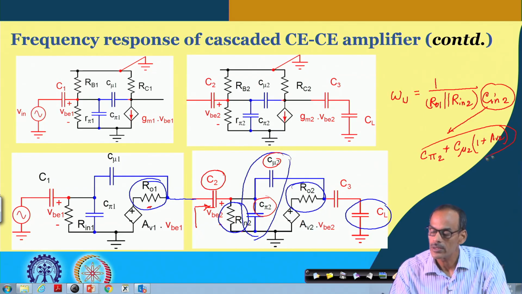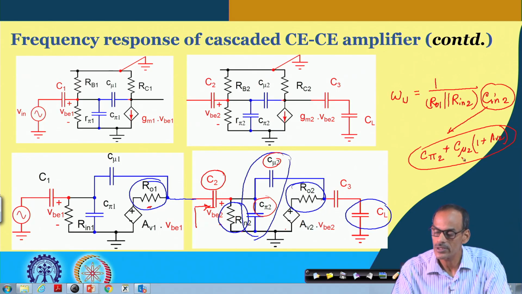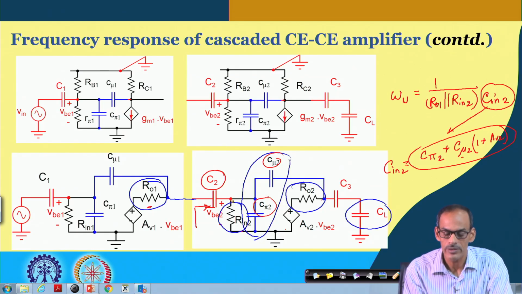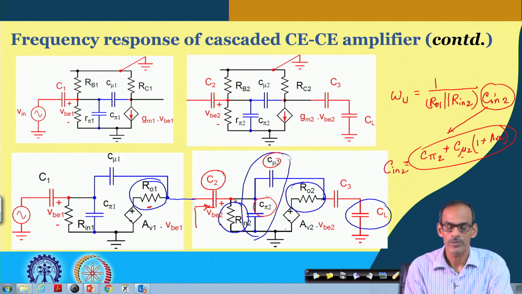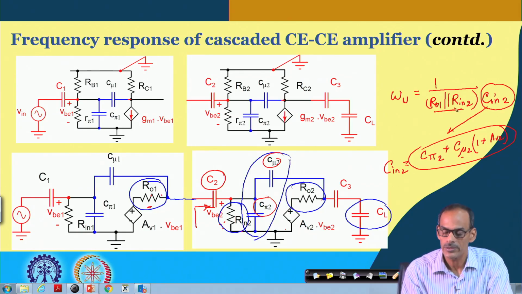Since we have very good gain in the second stage, that makes this Cin very significant, and as a result the pole, or the upper cutoff frequency, may be created by Cin and the effective resistance at that node.